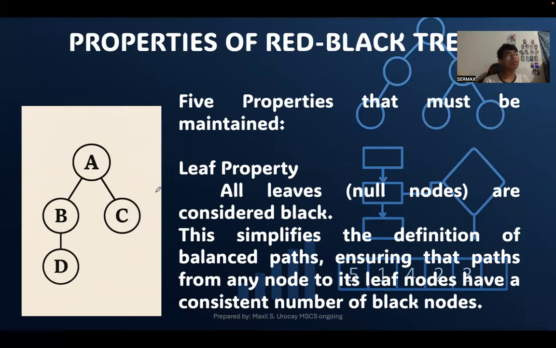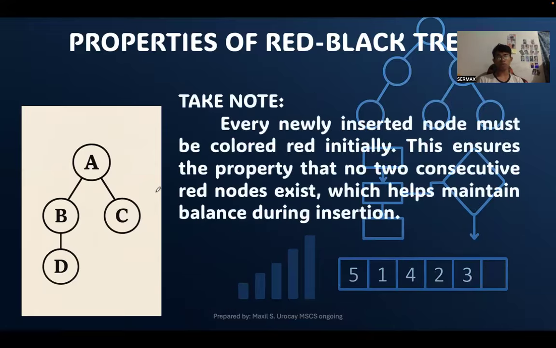As we encountered earlier, that is black, and once we count the black colors, they have the same amount of black nodes in our given left and right subtree. So that is really good from the root node.